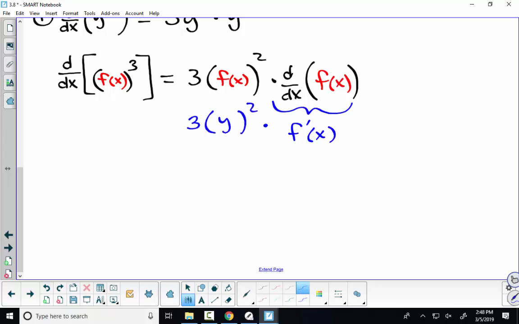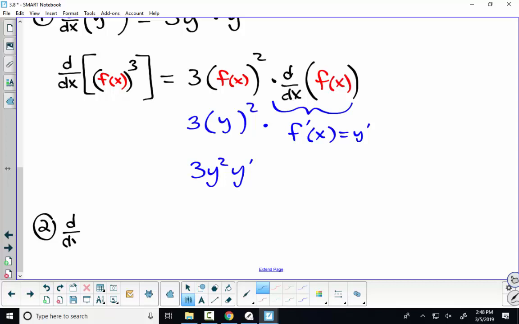So it's 3y squared f prime or 3y squared y prime. Does everybody see that? I don't know if that's a helpful way to think about it, but in actuality, that's what we're doing. So 3y squared y prime.